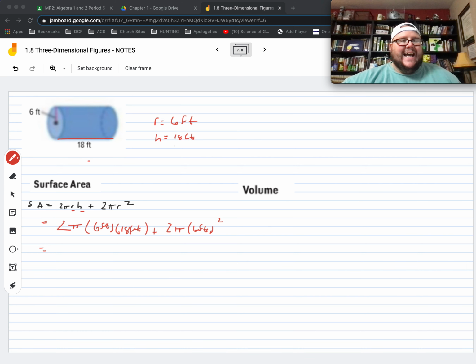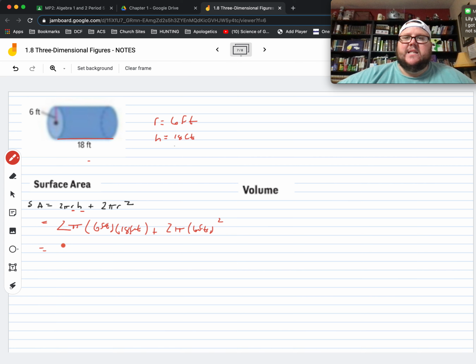And if you notice, I did not multiply it by pi. I'm going to leave pi. Pi is 3.14. I like to leave it with pi in there. So as an exact number, 216 pi feet squared.